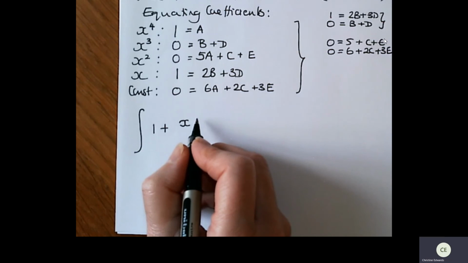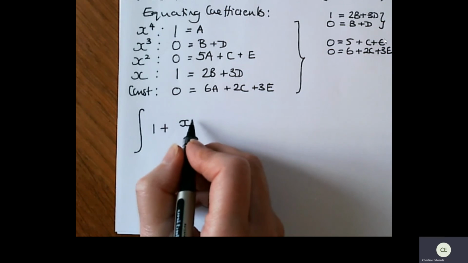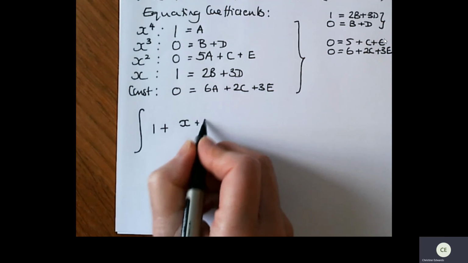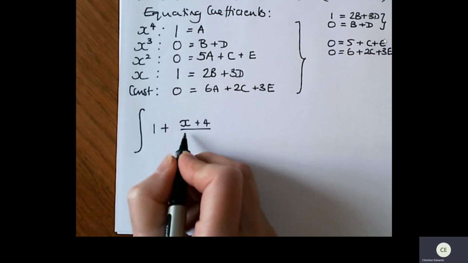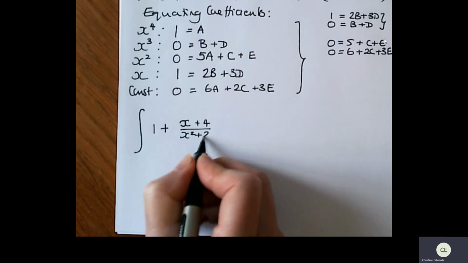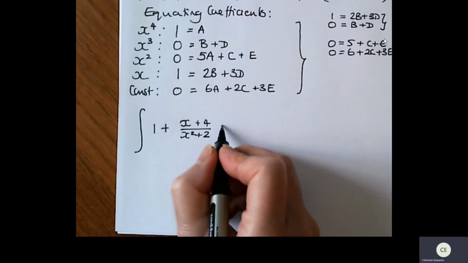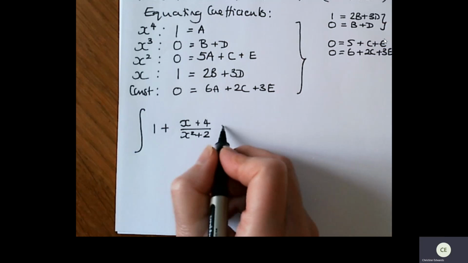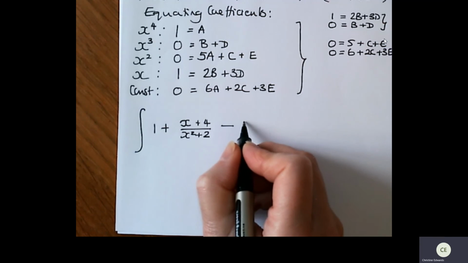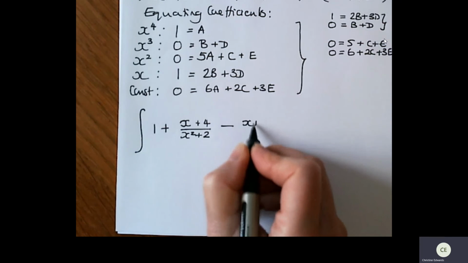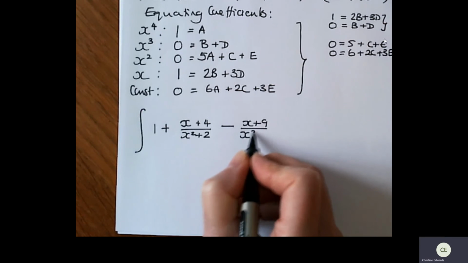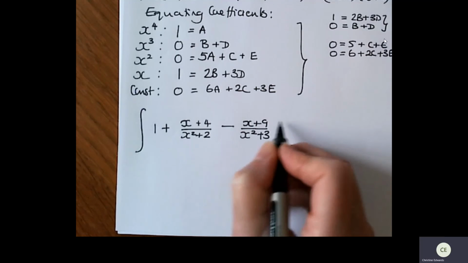So we'll take d and e. We're going to do these first because I've got a positive x. So we've got x plus 4 divided by x squared plus 2. And I've got a minus b and a minus 9. So we'll make the whole fraction minus. And we will have x plus 9 over x squared plus 3.